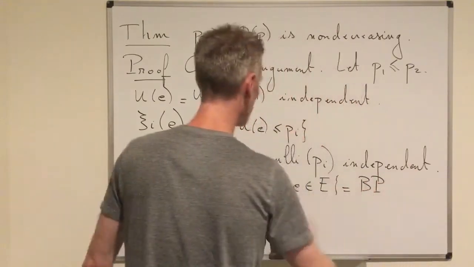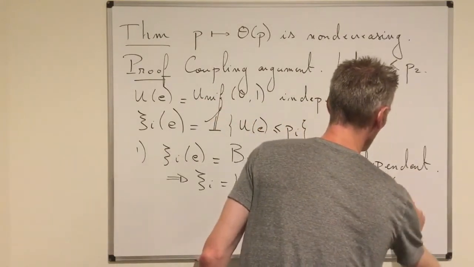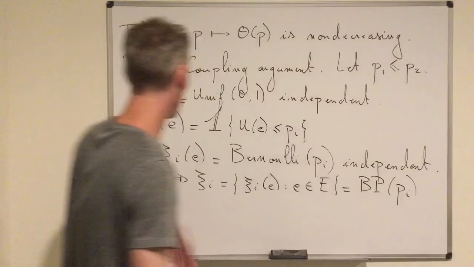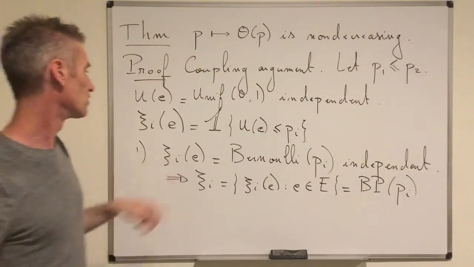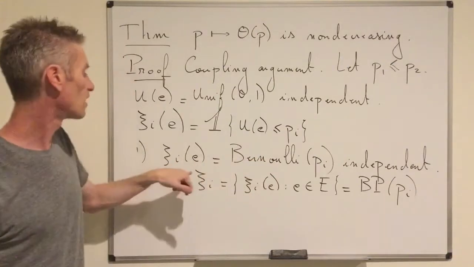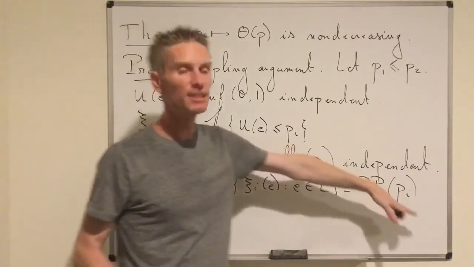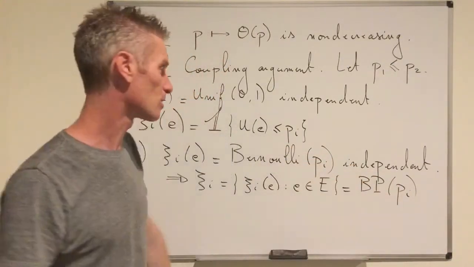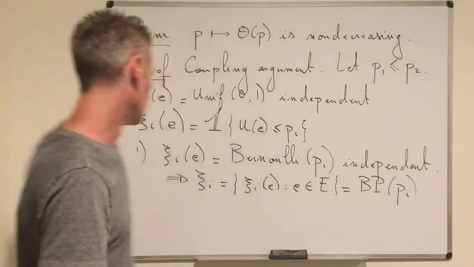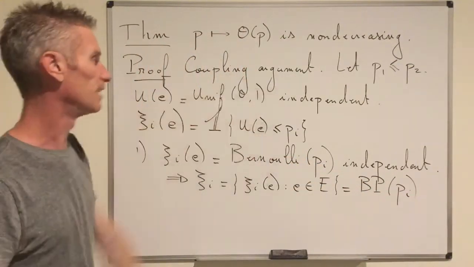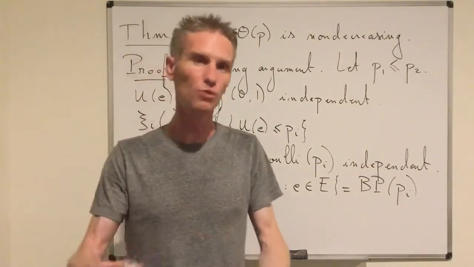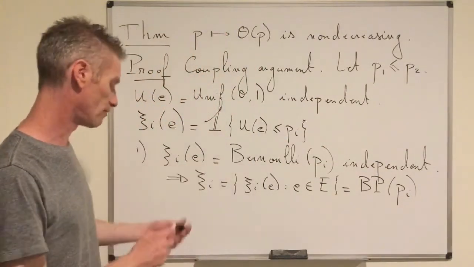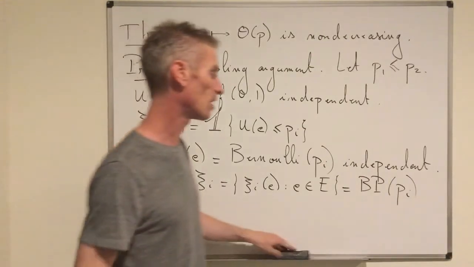That's indeed a bond percolation process with parameter Pi. So this construction indeed implies that this collection of the Xi of E defines a bond percolation process with the correct parameter. That's true for i equals 1 and 2, so we indeed have our two realizations of bond percolation processes with the correct parameter.